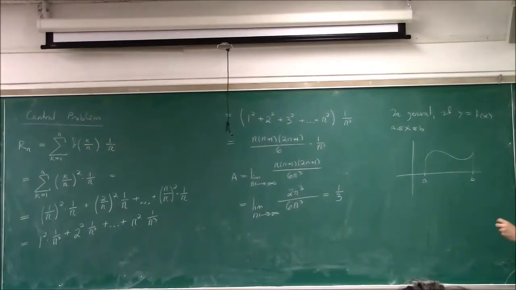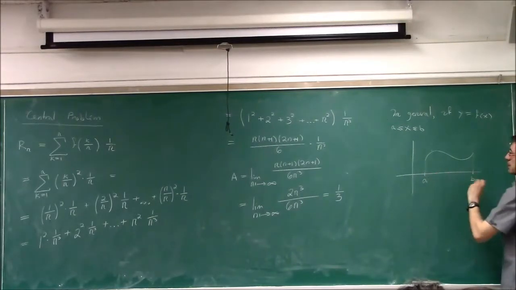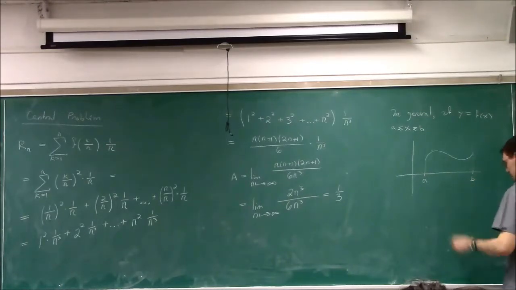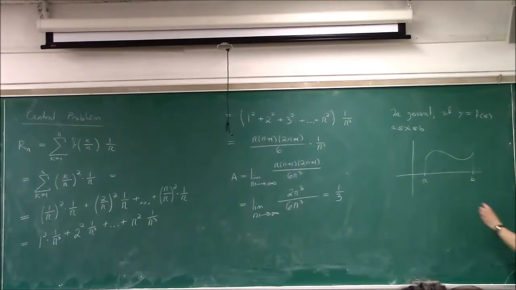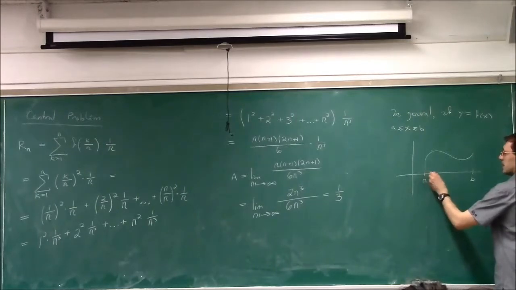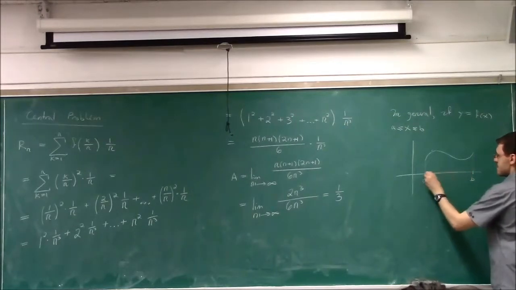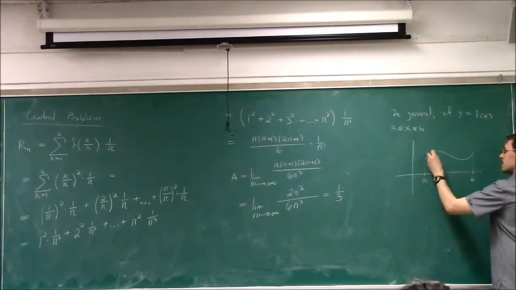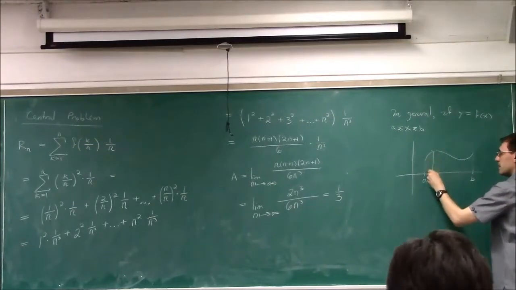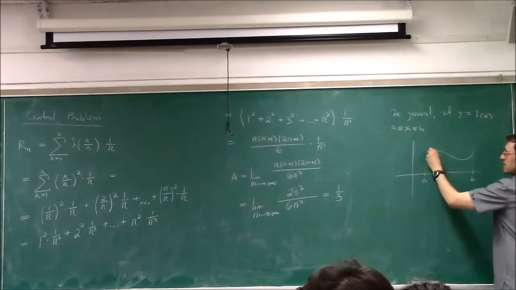So we want to partition this into many small rectangles. So here it is, right? So here is the right-hand method. So we take this, we divide it into n rectangles. Here we use the right-hand point.